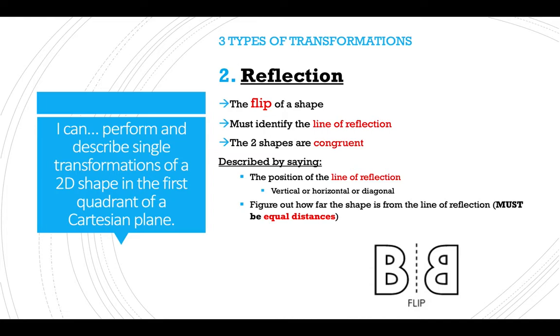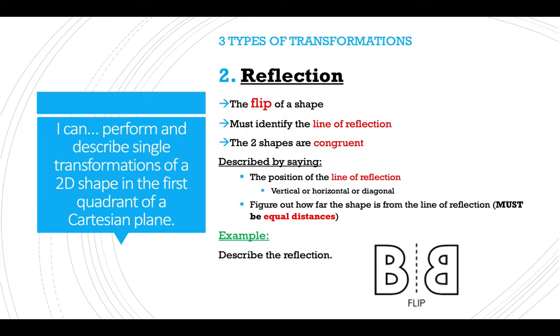But the key thing, especially if we're determining the line of reflection, is that the line of reflection has to be symmetrically placed between the shape and its image. So here is just an example. Describe the reflection. We would say B has reflected around the vertical line of reflection.